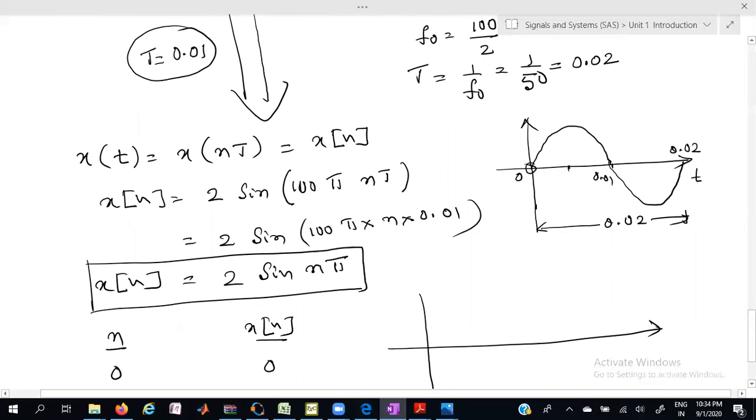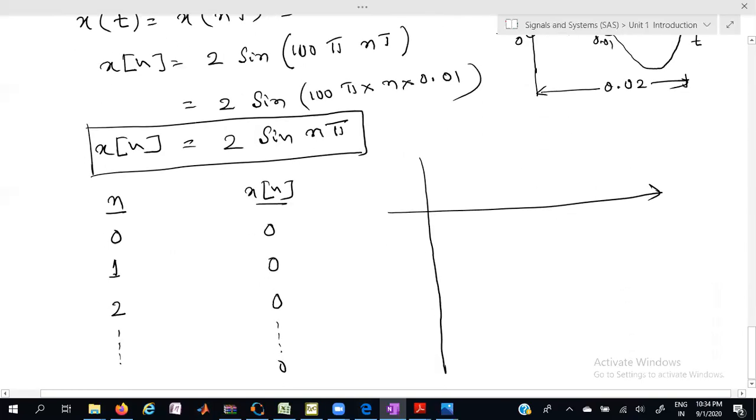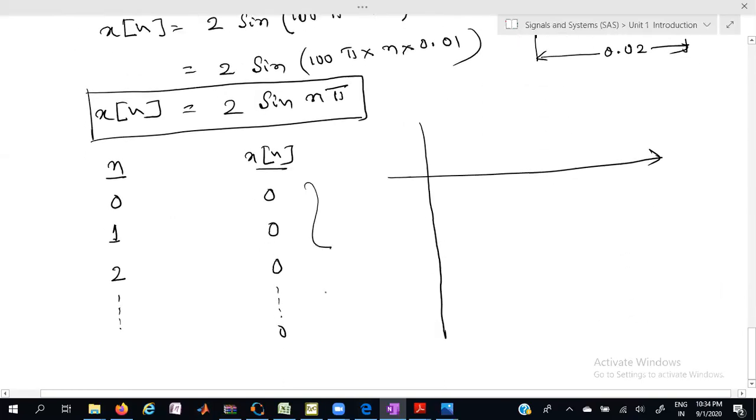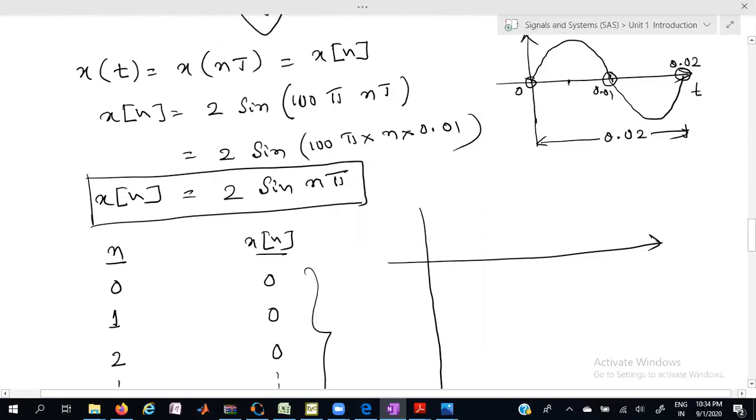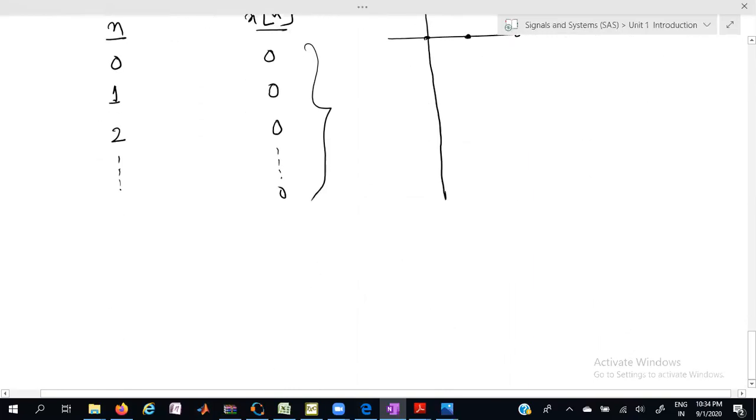The next sample is at 0.01, which is again 0. The next sample is at 0.02, which is again 0. So what you notice is all the values are zeros. So your signal now will be 0, 0, 0, 0. The sampled signal will have all the values equal to 0 for this particular case.